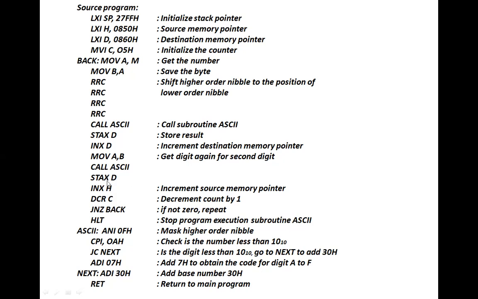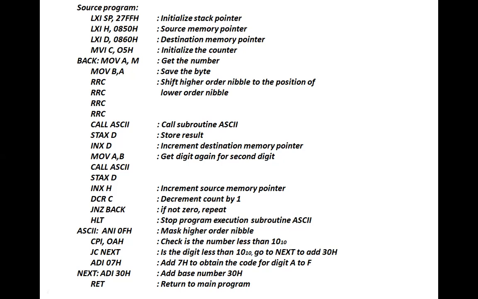When it returns, it comes here and stores the content at 0863. Then we increment the content of the HL pair because 2 bytes have been converted. We decrement C, so it becomes 3, which is not 0, so it goes back. In this way, the program continues till the counter becomes 0. When the counter becomes 0, it will not go back; it comes to the halt and the program stops.